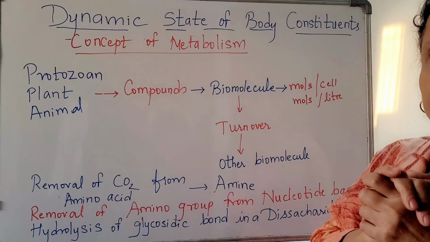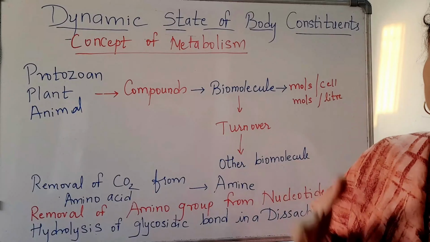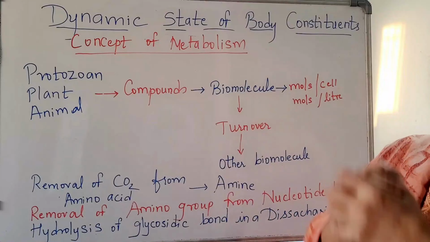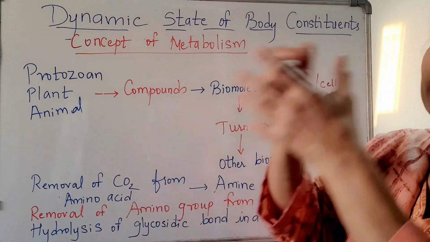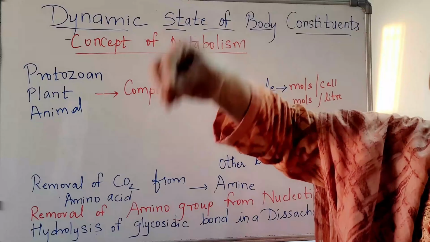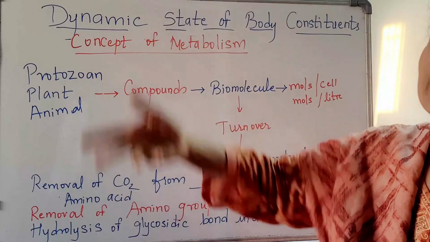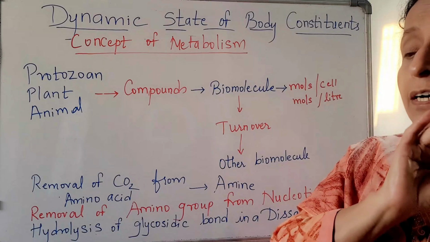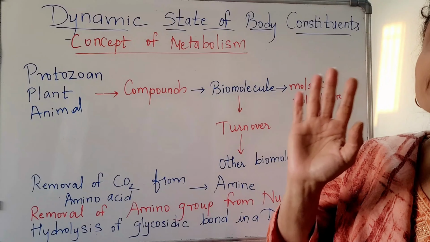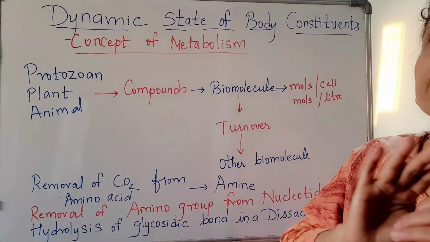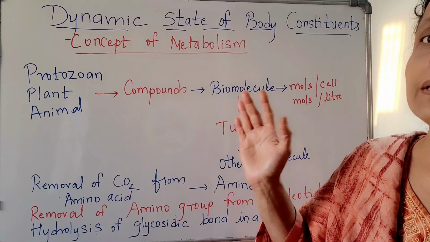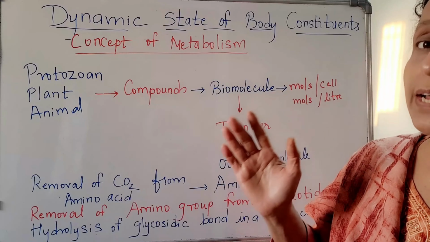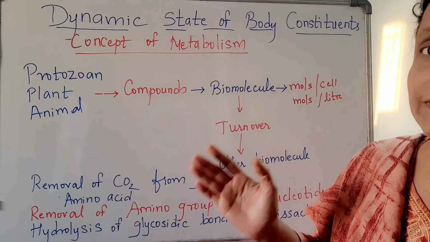So this is metabolism. But in a living organism, what leads to the chemical reaction? Who leads the pathway? Who changes from one molecule to another? Now, in a living organism, the reaction is catalyzed. Nothing takes place on its own. It is catalyzed by the proteins, proteolytic proteins, which are enzymes.